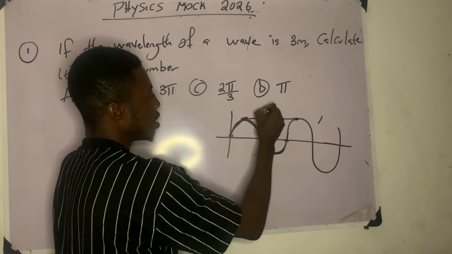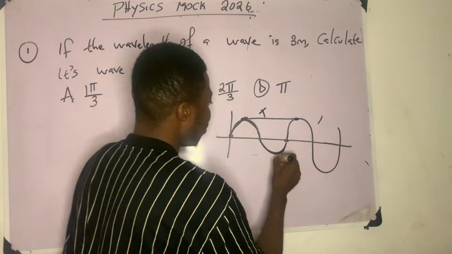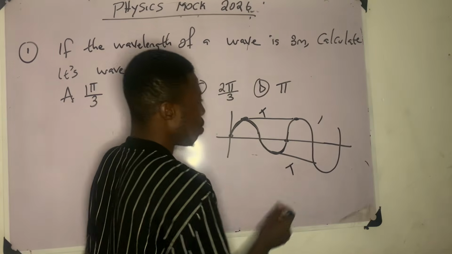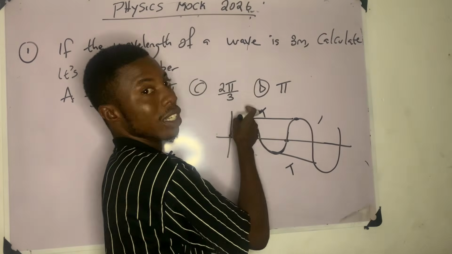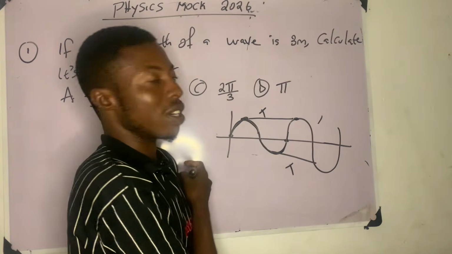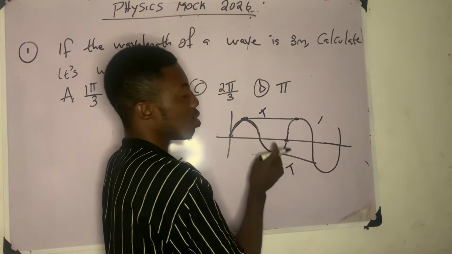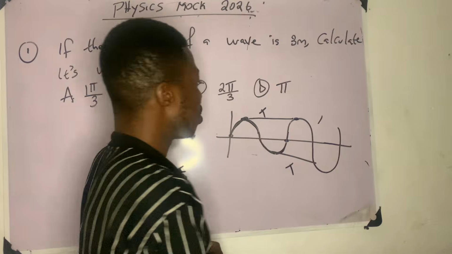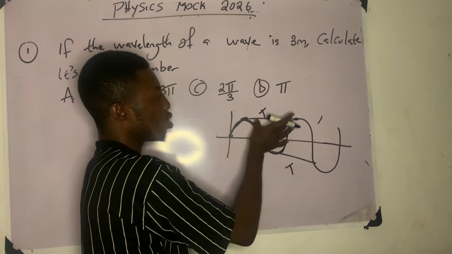One wavelength. Then from here to here is another one wavelength. You know that wavelength is the distance between successive crests, or the distance between successive troughs. So this particular thing illustrates wavelength.